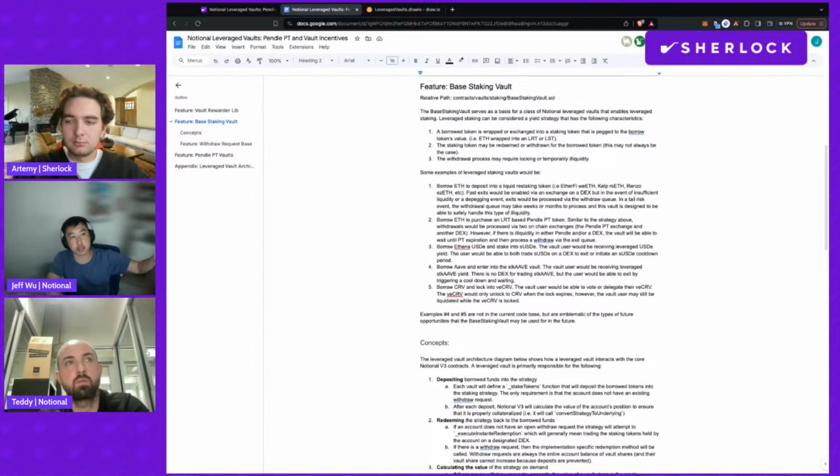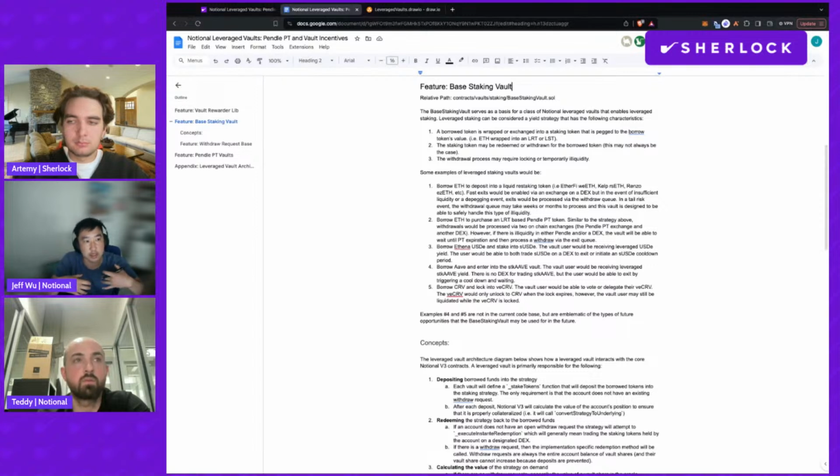In a single-sided LP strategy, you may be partially exposed at varying levels, depending on where the liquidity in the pool is sitting at that moment in time, and you're exposed to different risks as a result. In these staking strategies, you're fully exposed to the staking token. You get full exposure, and as a result, you have other risks, primarily getting out of the staking token.